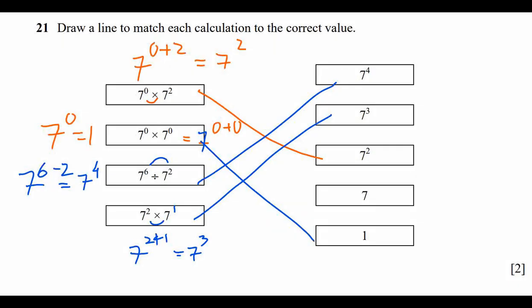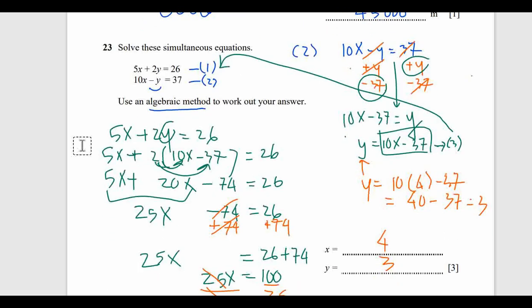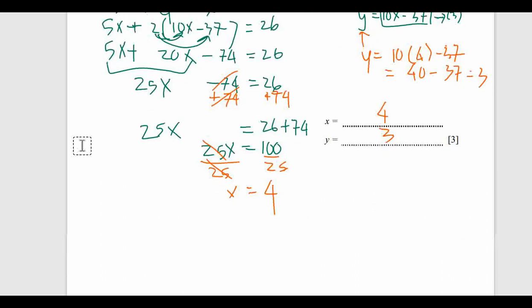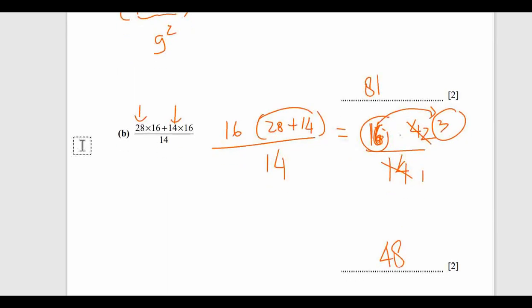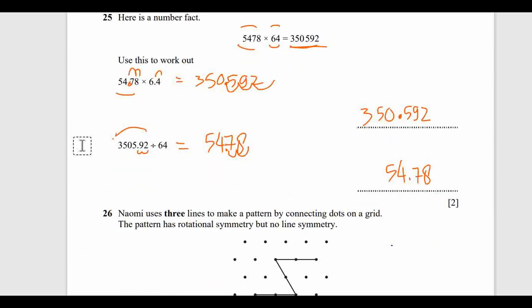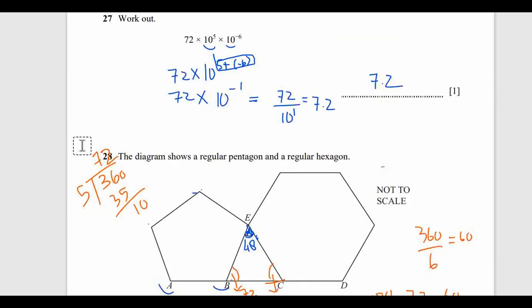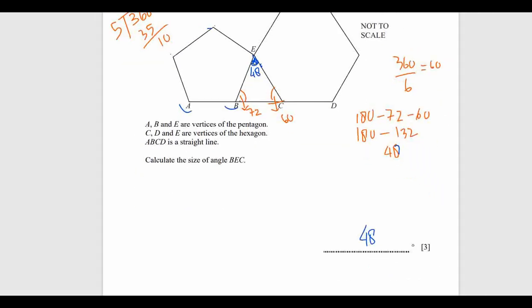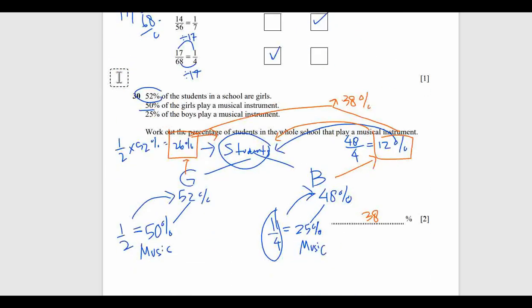This is the answer for question number 21, 23, 24, 24A, 24B, 25, 26, 27, 28, 29, 30.